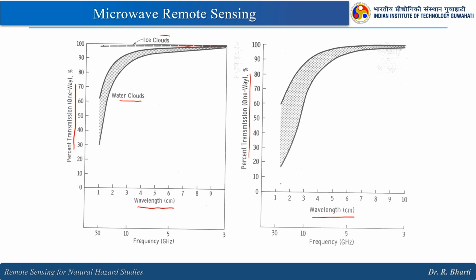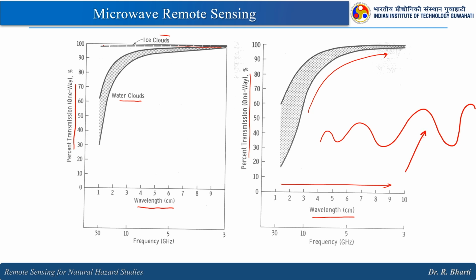When we are increasing the wavelength, this percent transmission is also increasing. That means, the moment we are increasing the wavelength, transmission is increasing, right. Because of that, the water clouds or ice clouds are not the biggest problem during this measurement. So, that is why microwave remote sensing is very suitable for higher altitude areas where you have more cloud cover over the year, right.